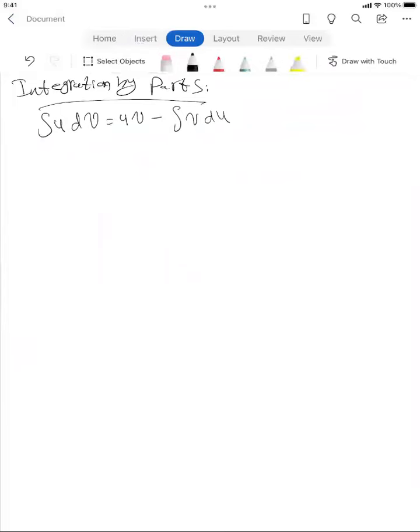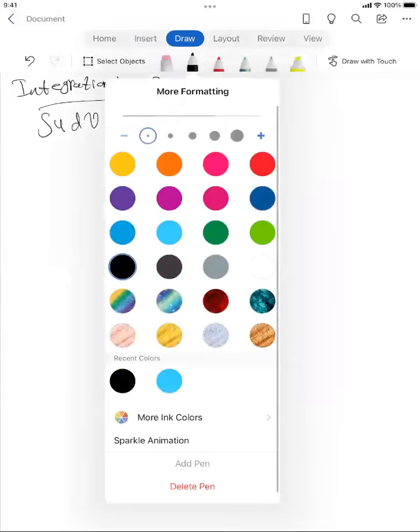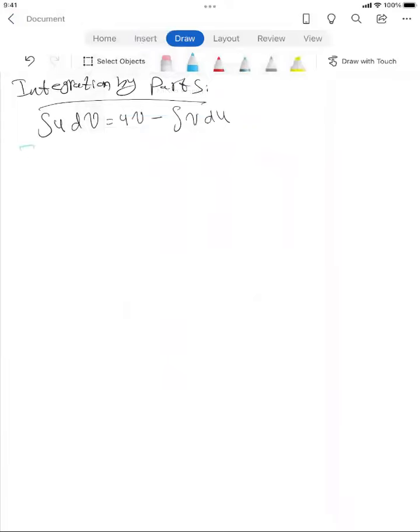So let's take the second example. Our second example is a little bit more involved. So it's an integral of natural log of x dx.